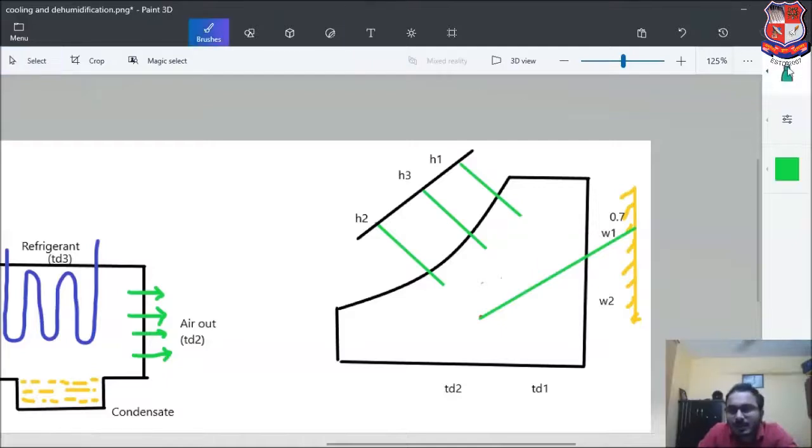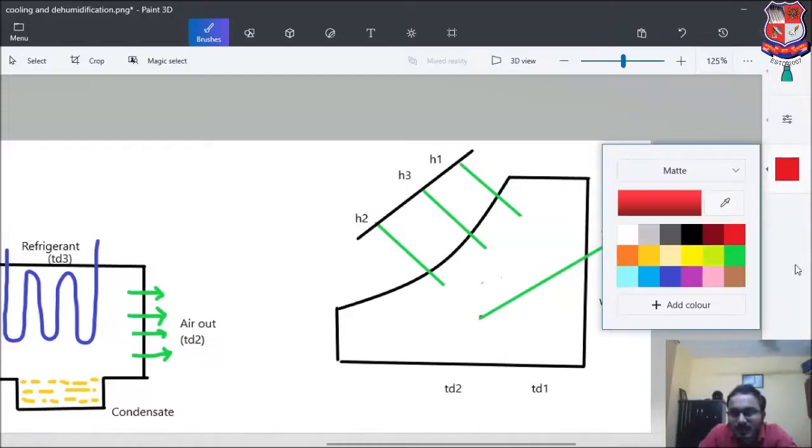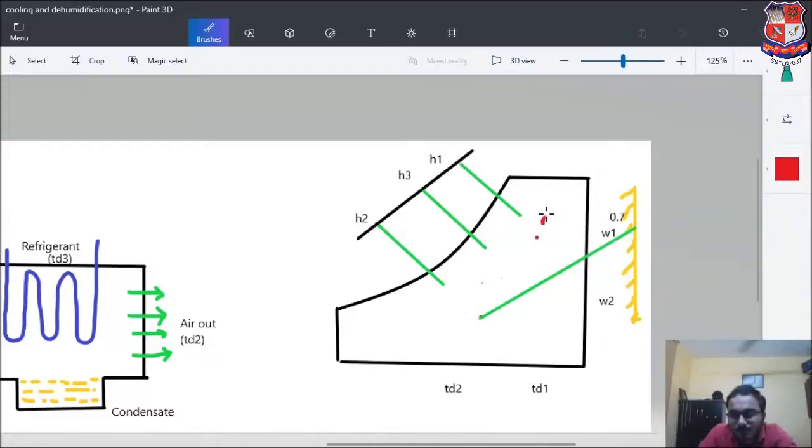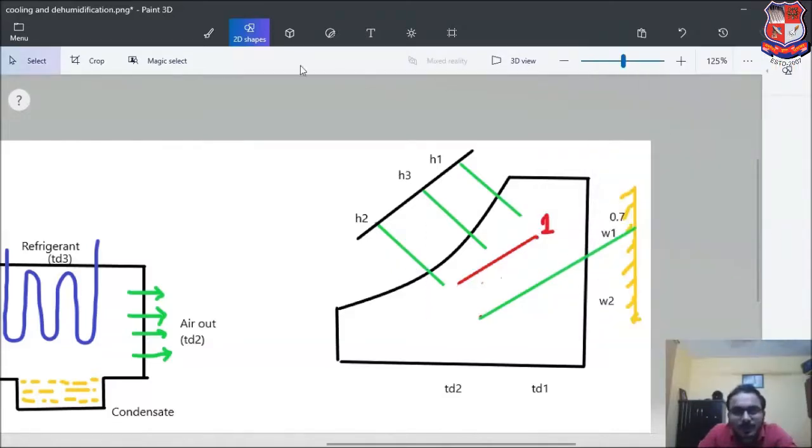And now let us say that the original point, or the initial condition of your process, is, let us say, point 1. So what you can do is draw a line parallel to this reference line, and this will be your point number 2.